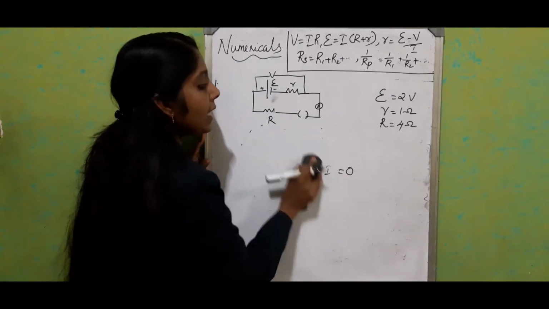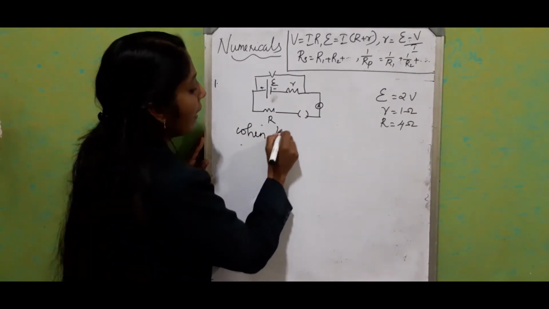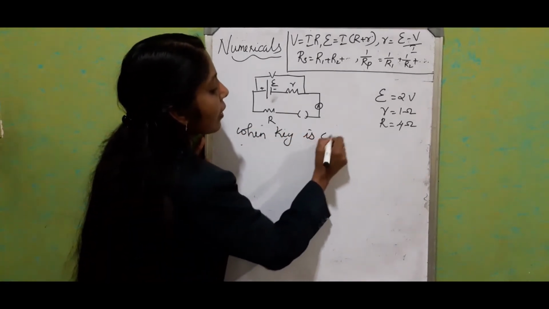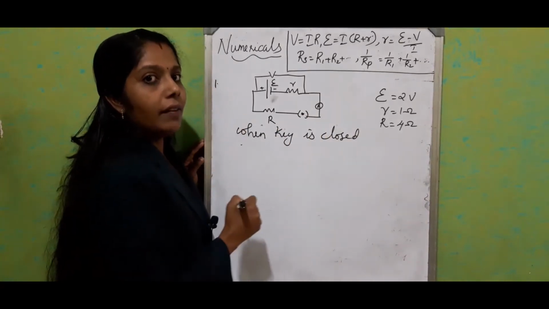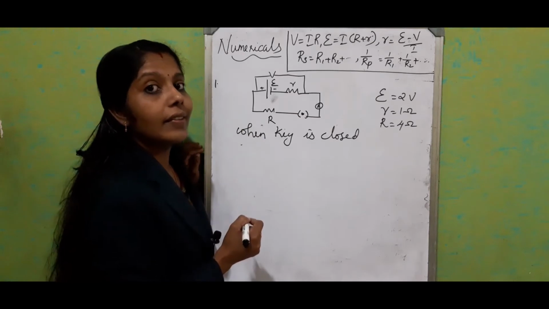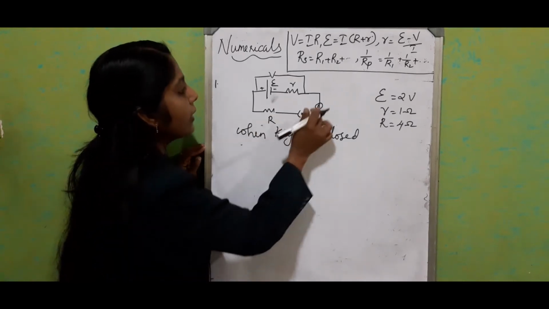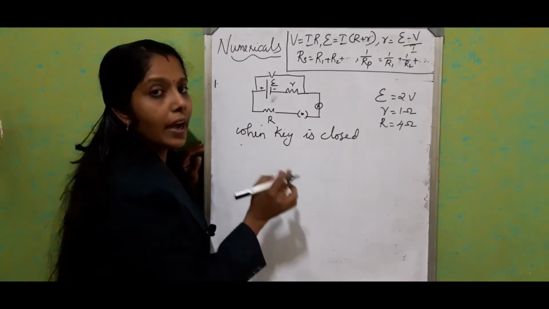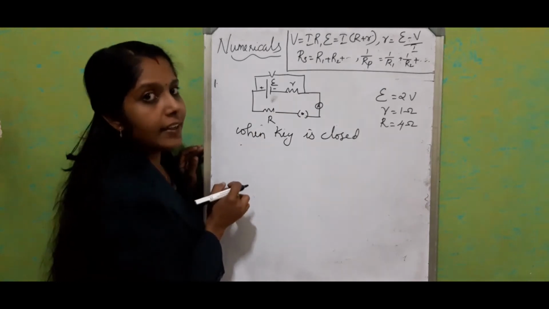Now, when the key is closed, okay. Now, second condition, when the key is closed, that is this one. Now, we'll see what is the current available in the circuit. So for that, we need to consider this external resistance and internal resistance.